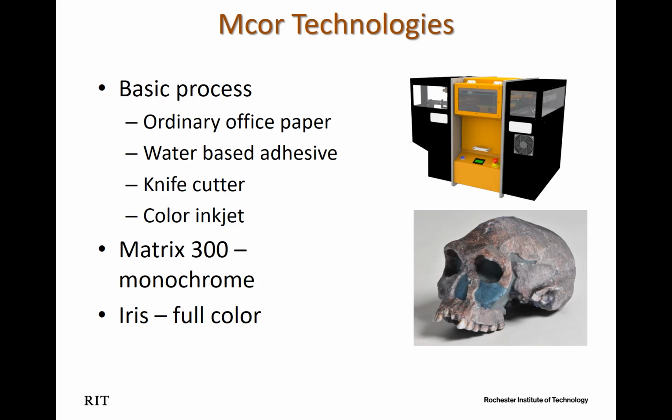In this case, just ordinary office paper. And basically it has a water-based adhesive, in other words, glue, right? Basically it glues the paper together and uses a knife to cut the contour.